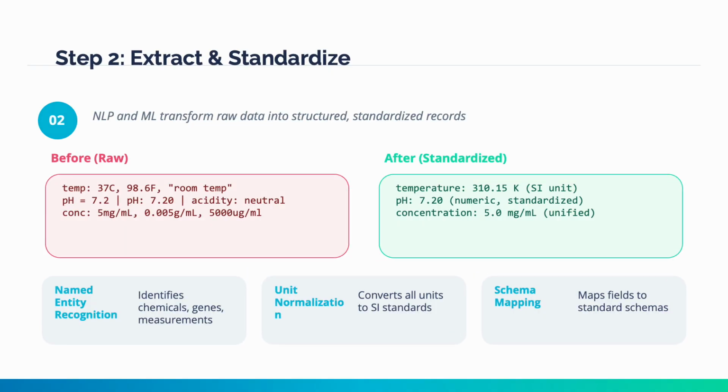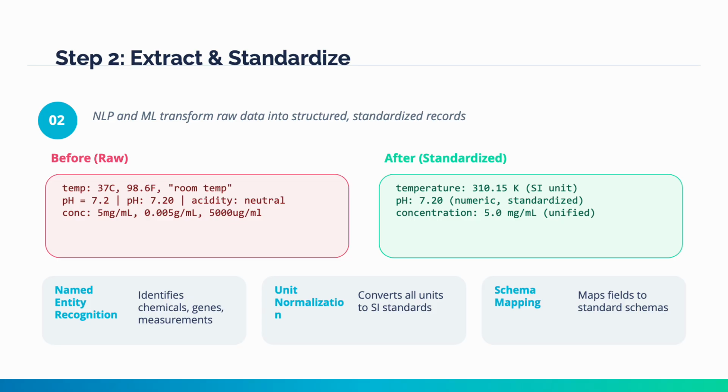Step 2 is extract and standardize. This is where the real transformation happens. Let me show you a quick before and after. On the left, you see raw lab data where temperature is recorded as 37 degrees Celsius in one place, 98.6 Fahrenheit in another, and just room temp in a third. The same inconsistency shows up with acidity measurements and concentrations. On the right, after artificial intelligence processing, everything is converted to standard units.